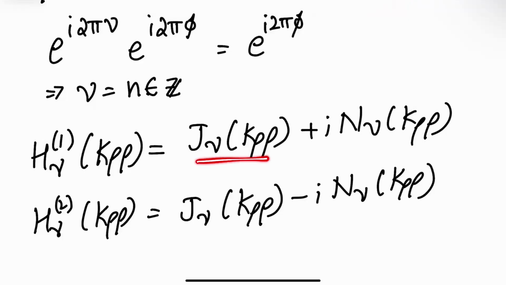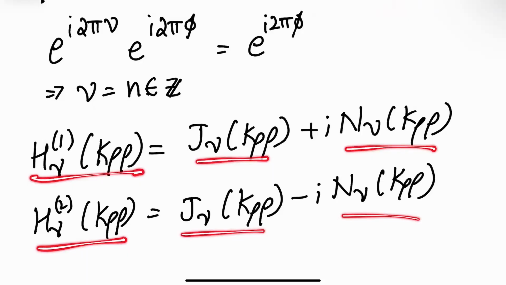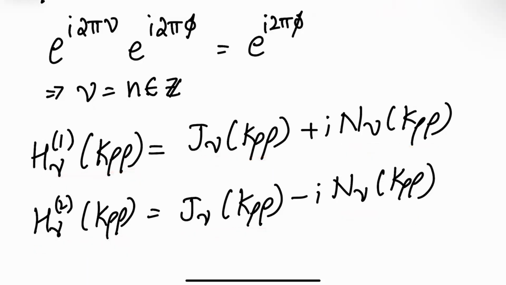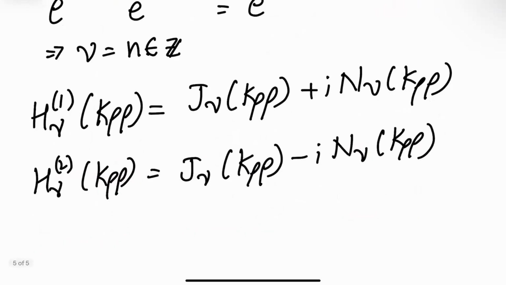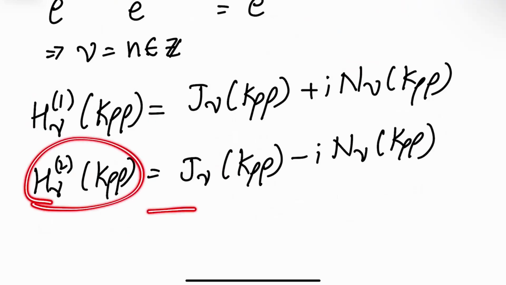So this is like cosine, this is like sine, cosine, sine, e to the ik, e to the minus ik, right? And so very similar to those. So this basically represents outward propagating waves. So if I have some cylindrical geometry, waves that are going cylindrically outward are represented by this, similar to how e to the ikr is representing outgoing waves. And this represents incoming waves into the cylinder.